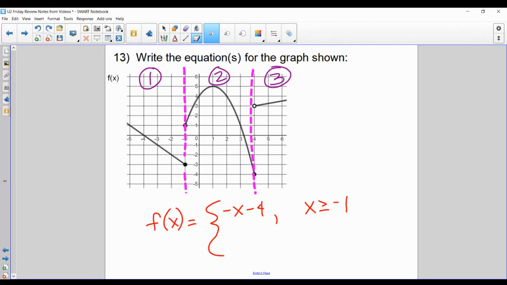Then I look at my next piece. It's obviously a quadratic that has a locator point at 1, 5. So I've shifted it over 1 and up 5. If I look at the shape of it, it's going out 1, down 1, out 2, down 4.